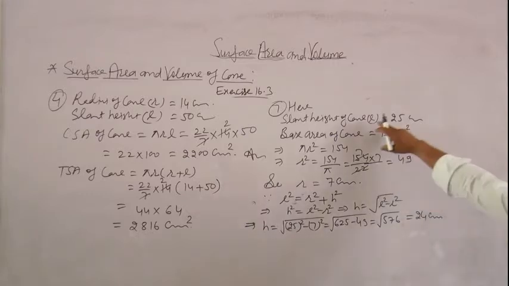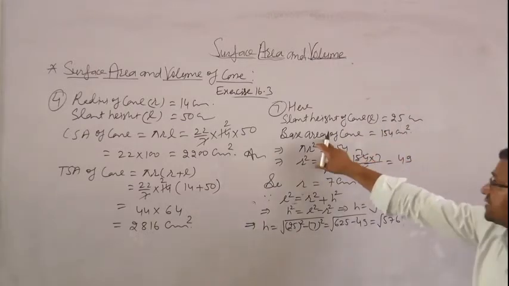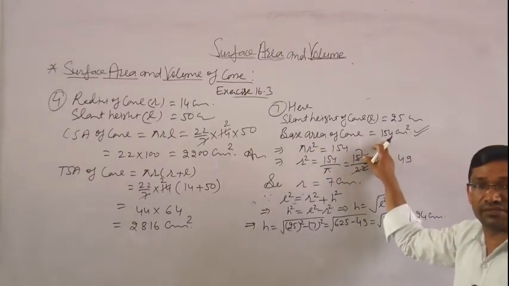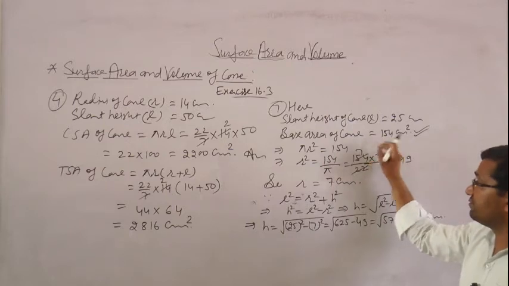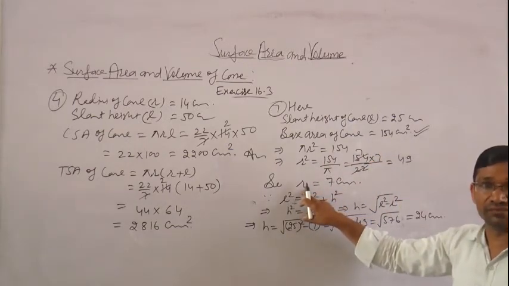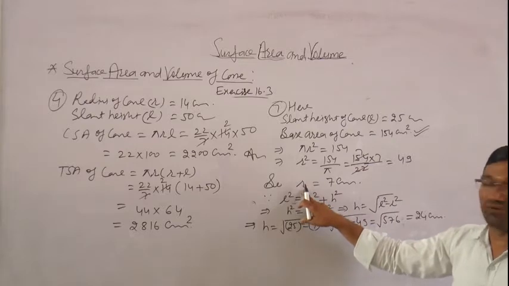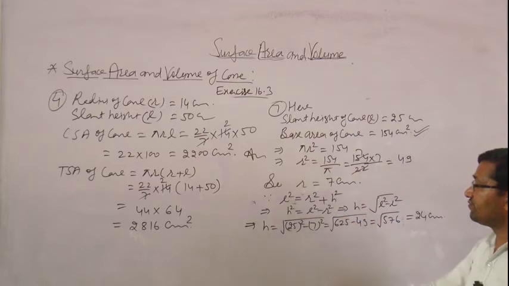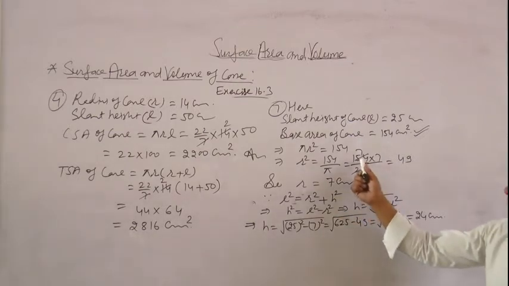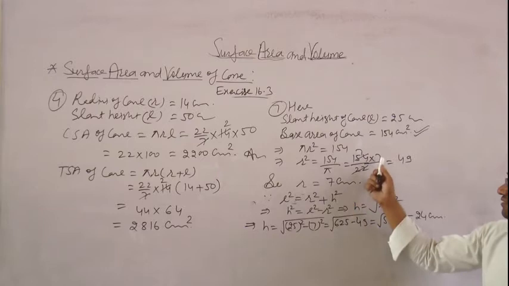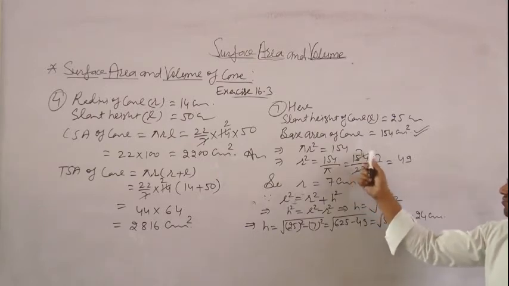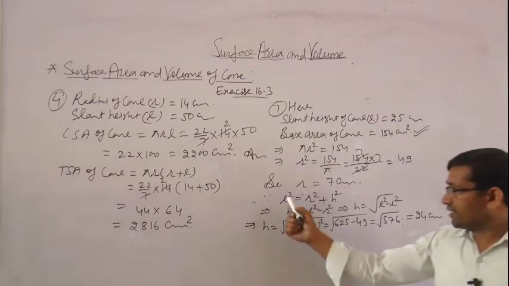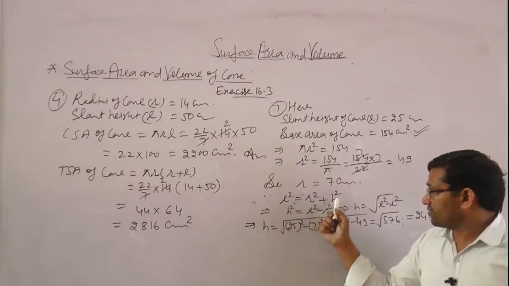In this question, slant height L is 25 centimeter. Base area of cone is 154 centimeter square. So by using this we find radius. By using base area of cone, pi r square is equal to 154. So r square is equal to 154 upon pi, that is 154 upon 22 upon 7, that is multiply 7, 154 divided by 22 is 7, 7 multiply 7 is 49, r is equal to 7 centimeter. Because L square is equal to R square plus H square, we want to find out H square.